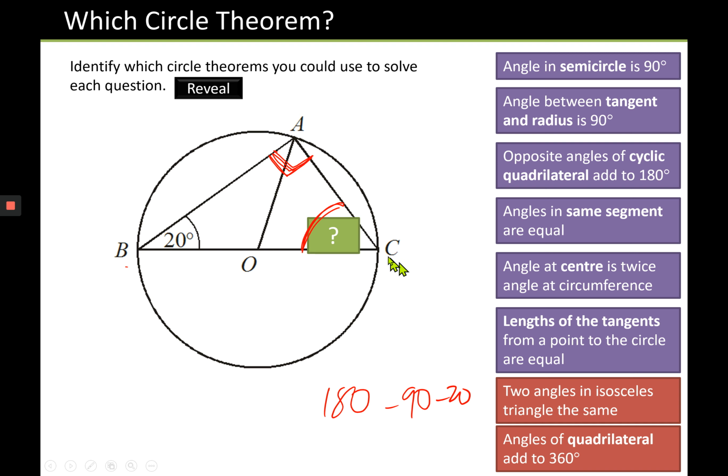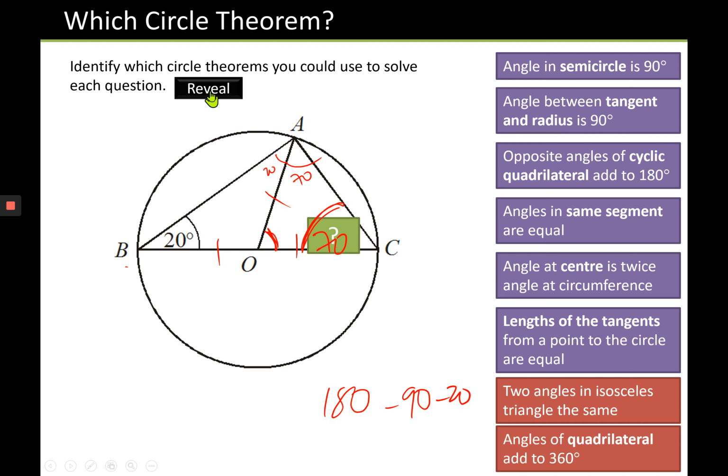You can just label it 70. Now, on a side note, if you're asked to work out this angle here, if you know that's 70, well, that has to be 70. That's going to be 20 because that has to add up to 90. And then you can use isosceles triangles to work out the missing angles.